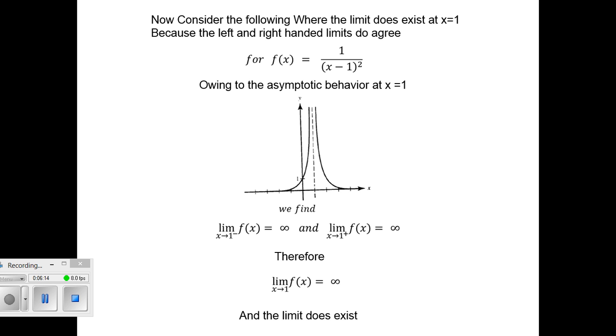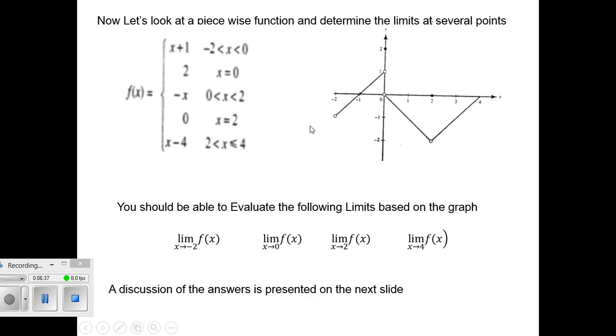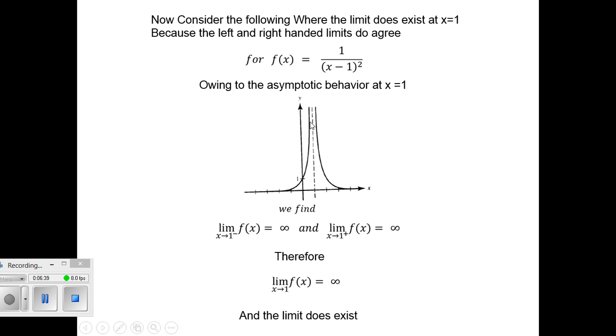With the squaring in the denominator, we're guaranteed that the y values are always going to be positive in this function. Owing to the asymptotic behavior at 1, we're moving towards positive infinity on both the left side and the right side.